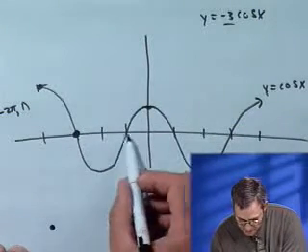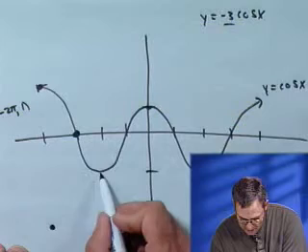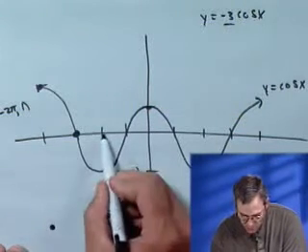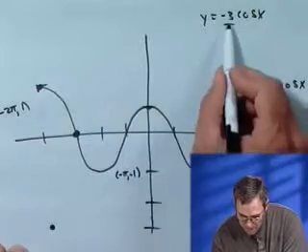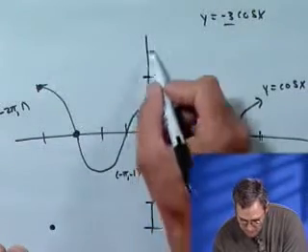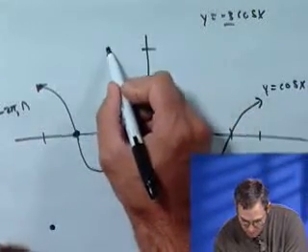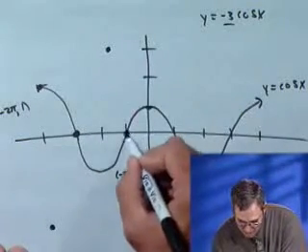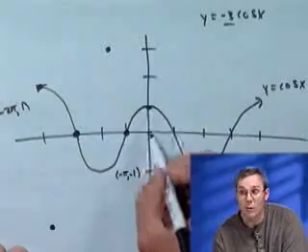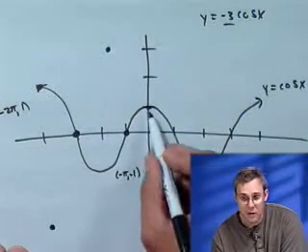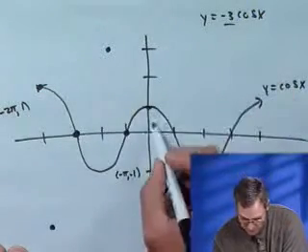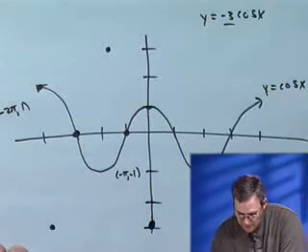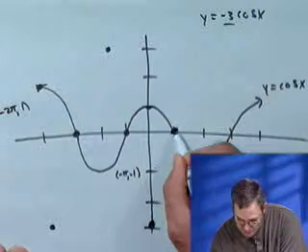Here's the point negative pi, comma negative 1. So this point will become negative pi, positive 3. Okay? This point will stay the same. This point is 0, comma 1. So this point is going to go to 0, comma negative 3.